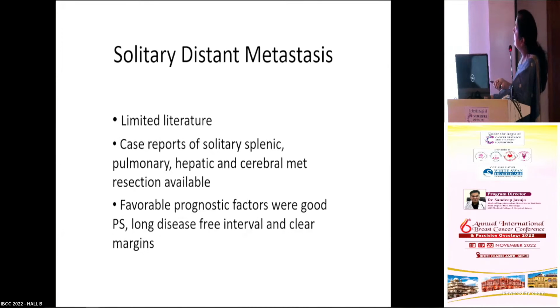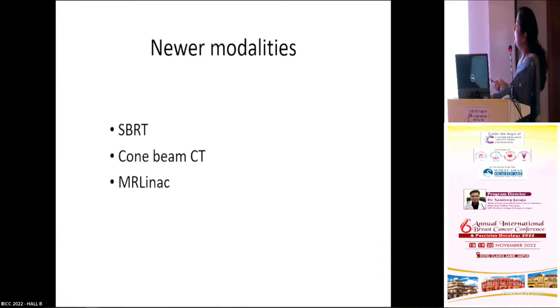If there is a solitary distant metastasis, there is limited literature. Case reports of solitary splenic, pulmonary, hepatic, and cerebral metastasis resection are available. Favorable prognostic factors were, again, good performance status, long disease-free interval, and clear margins. These are the newer modalities: SBRT, cone beam CT, and MR-Linac. My radiation oncology colleagues will know better about these.